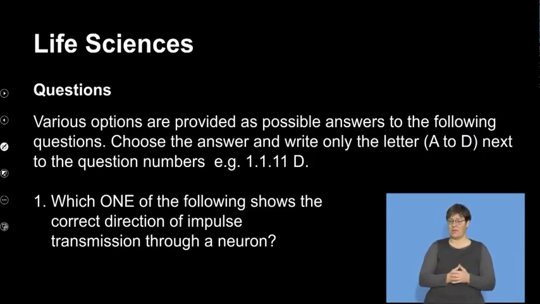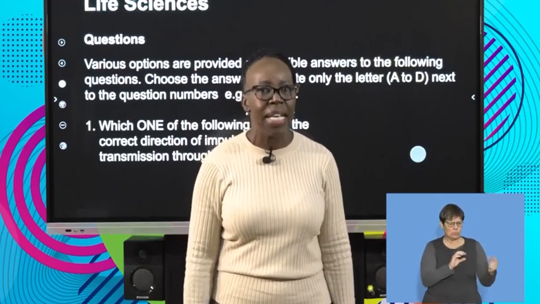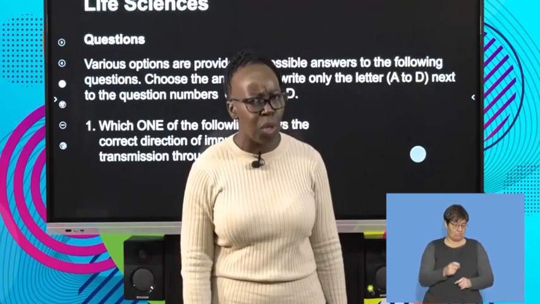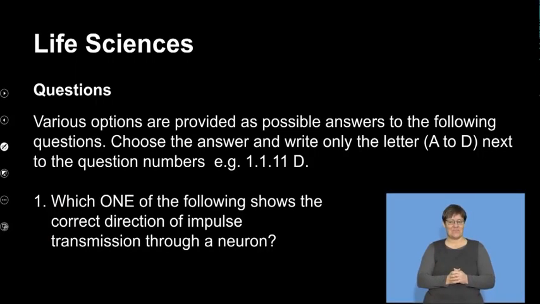Because we did look at the neurons, the three types of neurons, the labelings and the functions, let's take the questions now. I'm sure you'll be able to answer these questions. The first question says various options are provided as possible answers to the questions.